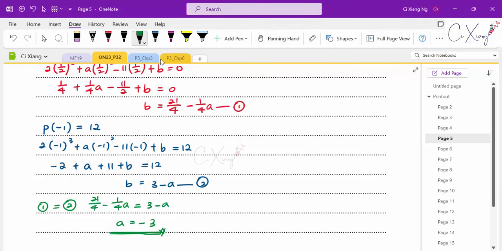You can try on your own and see whether you make any careless mistake or not. After I get a equals -3, I substitute into either one of the equations. Either one also can. So I substitute into the second equation, and very easily I get the value for b, which equals 6. Alright, so this is how we get the values for a and b.